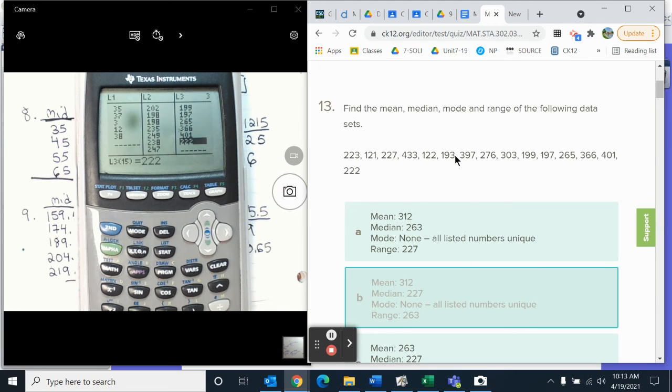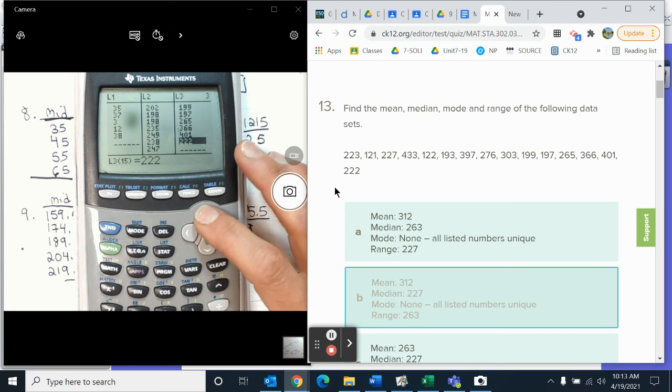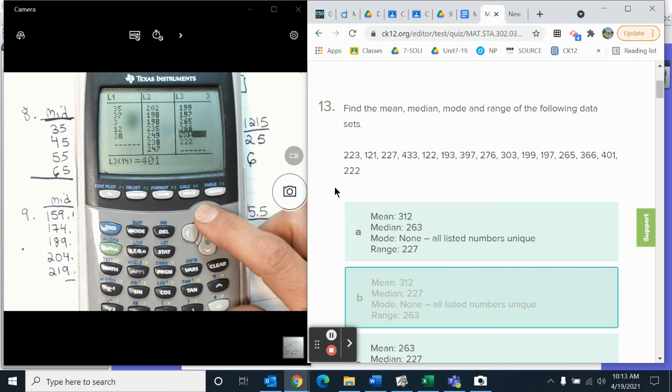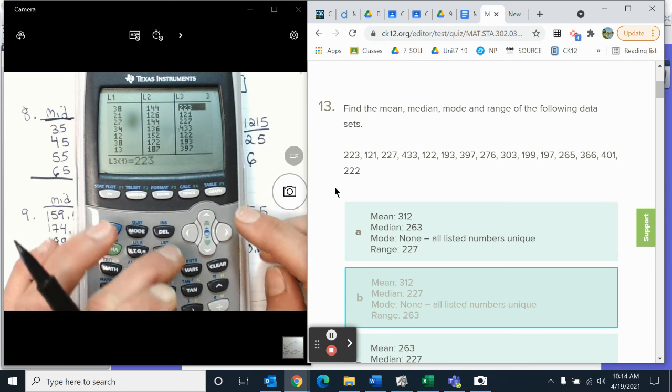2, 4, 6, 8, 10, 12, 15. Just making sure I've entered in my values correctly. 401, 366, 265, 197, 303. Oh, 197, 199, then 303, 276, 397, 193, 122, 433, 227, 121, 223.